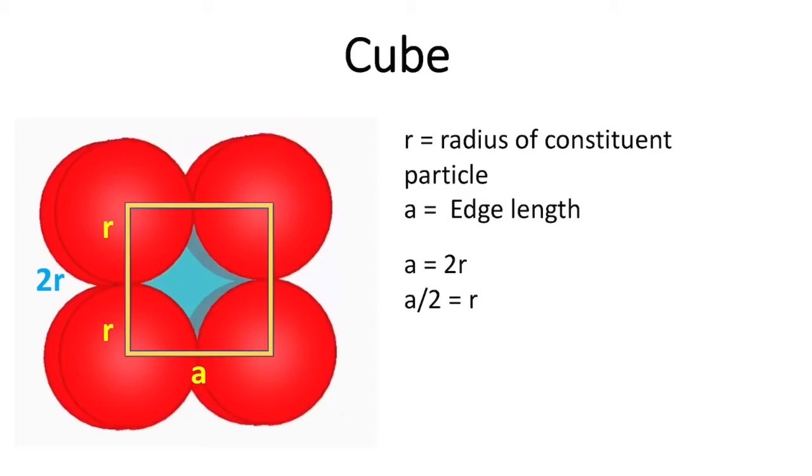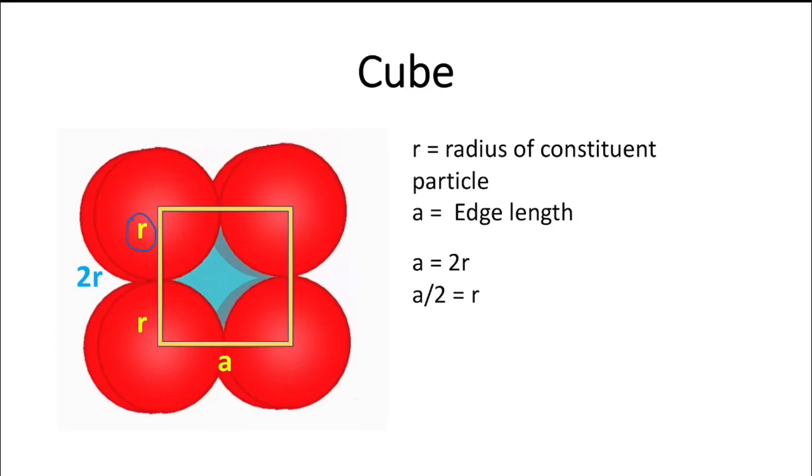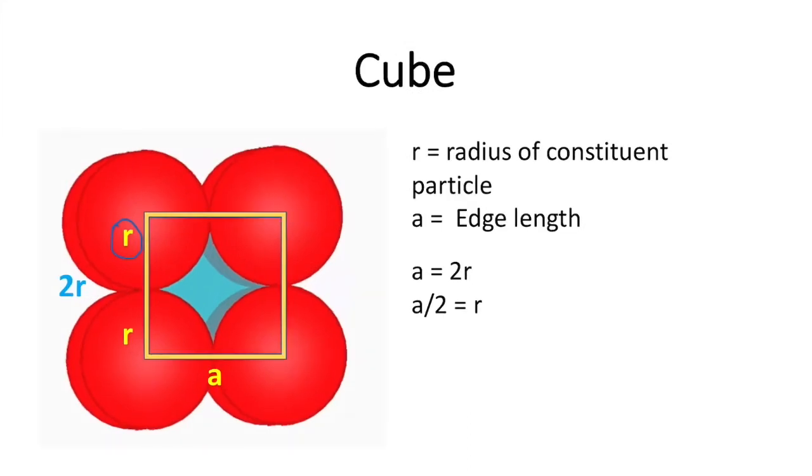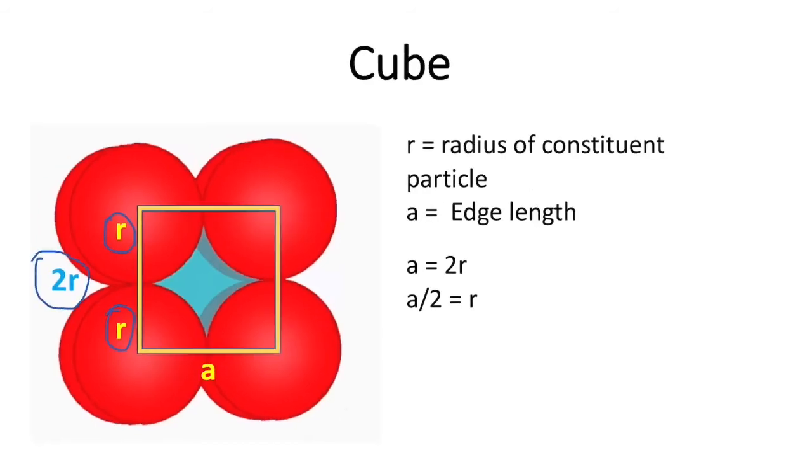So if we consider it as a sphere, then we have a radius r of one sphere and radius r for another sphere. So r plus r, that is equal to 2r. And this is edge length A, which is the same in all directions. So edge length A is equal to 2r. So A by 2 is equal to r.